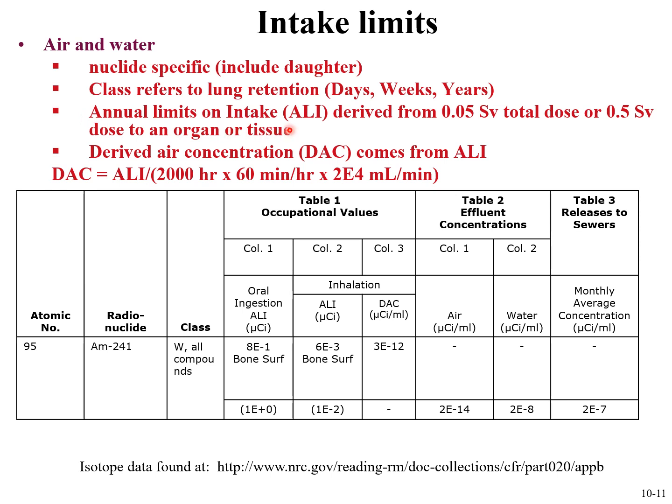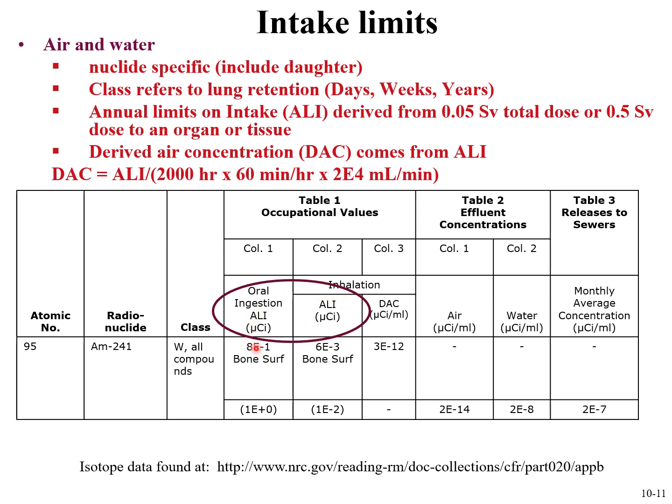The annual limit on intake is derived based upon a dose received of 0.05 sievert from a given radionuclide. The ALIs, as they're called, the annual limit on intake, is listed here. And you see that there's two different ones, an oral ingestion or an inhalation.